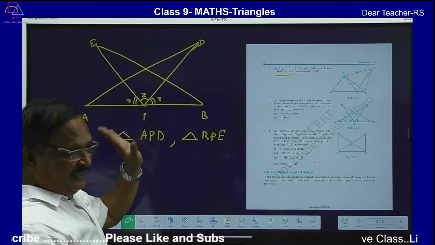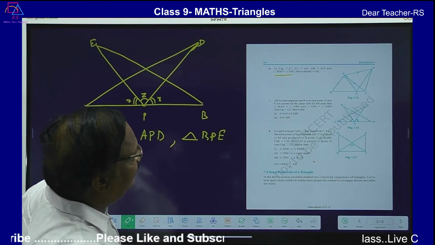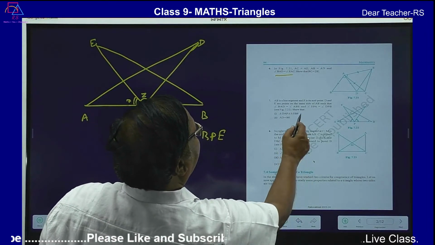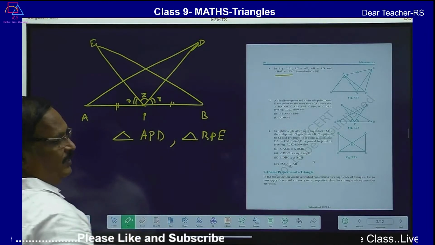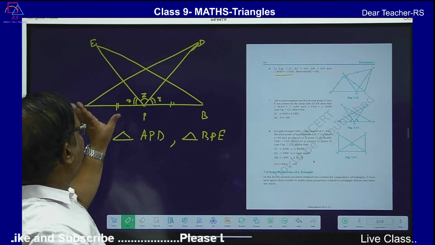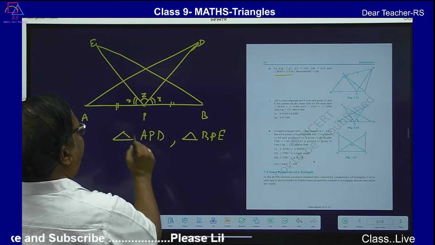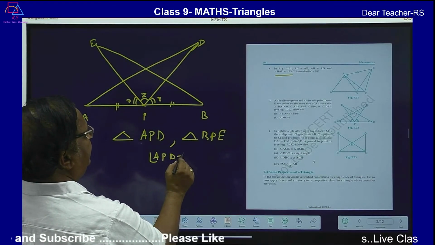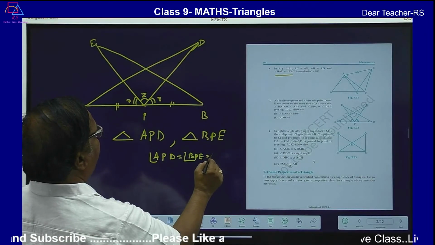X plus Z. Equal? That one side is equal. Okay. And then P is the midpoint. That means these two parts are equal. P is the midpoint, that means AP is equal to BP. Okay. So I write APD is equal to BPE is equal to X plus Z.